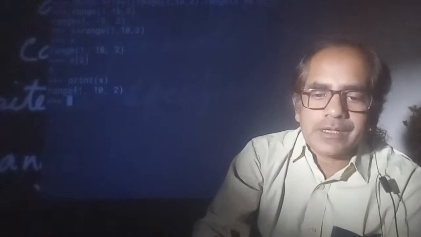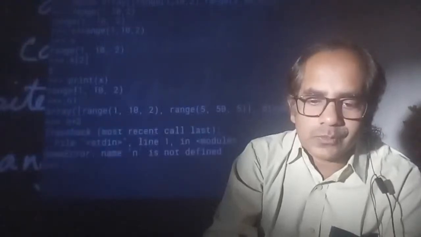Is it clear? Now when you give range and n1, you see, when you are writing n1, this is also giving dtype equal to object. Then n1 plus 2.